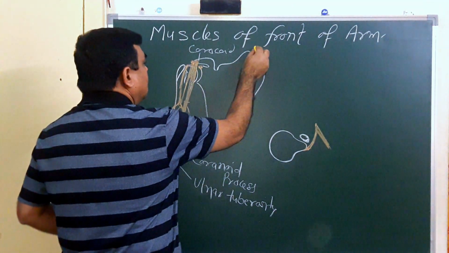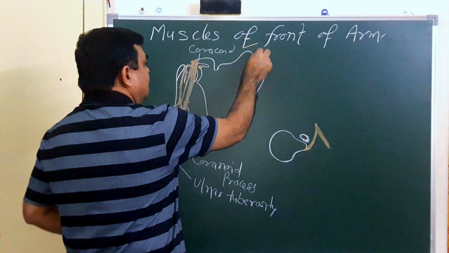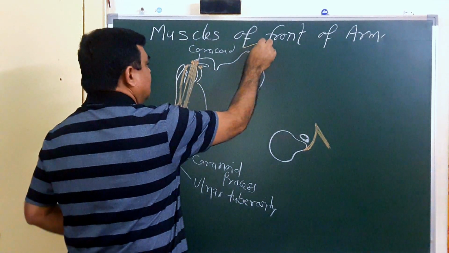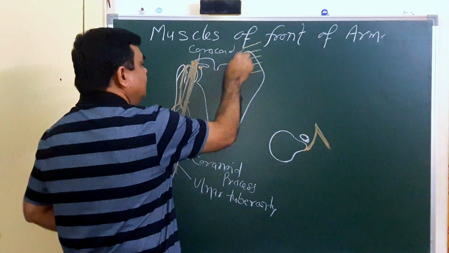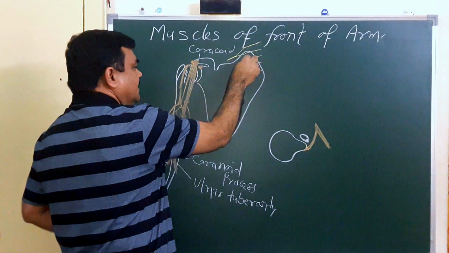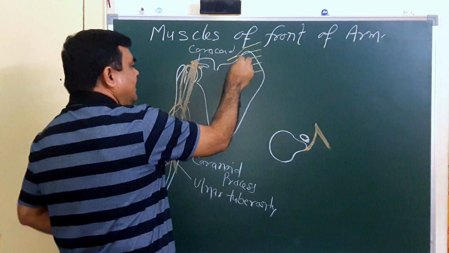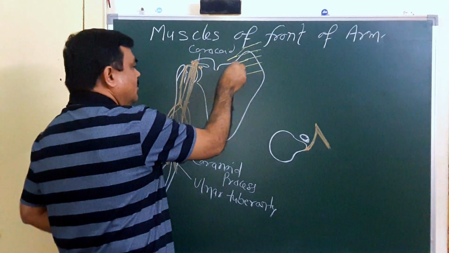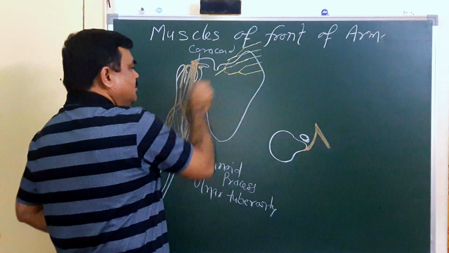If you draw a diagram here, here is C5, C6, C7, C8, T1. C5 and 6 join to form the upper trunk, here is the middle, and this is the lower trunk. Then there is division; the dorsal divisions of all these form the posterior cord.